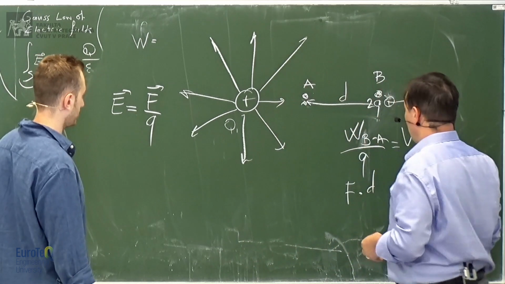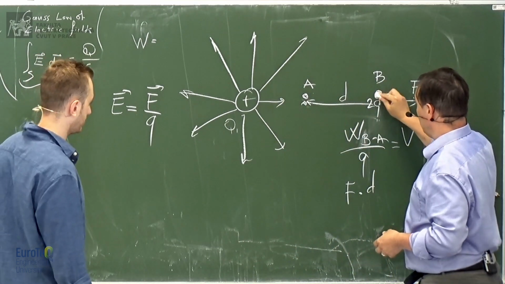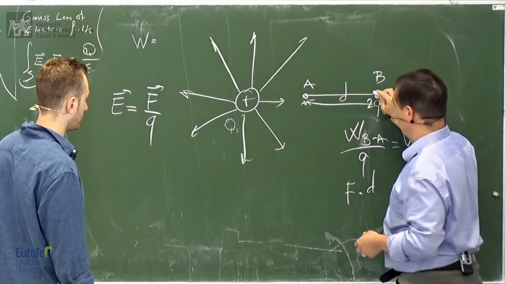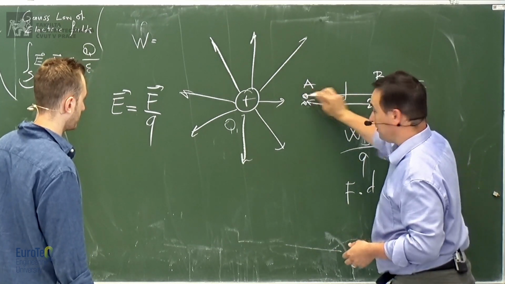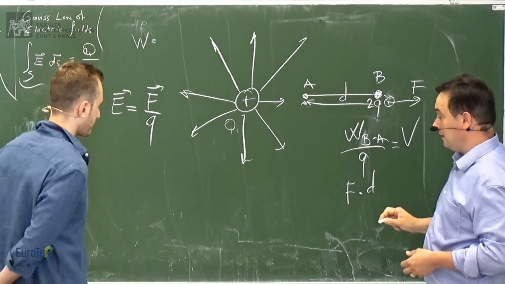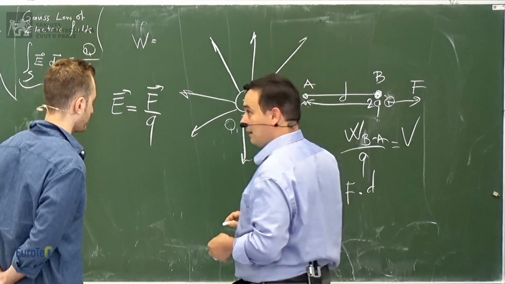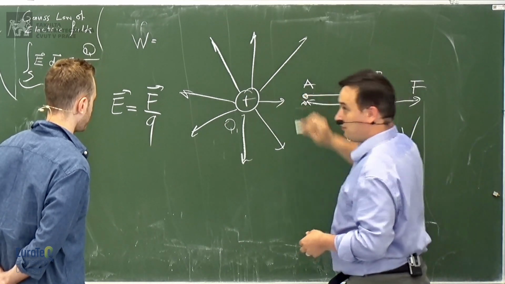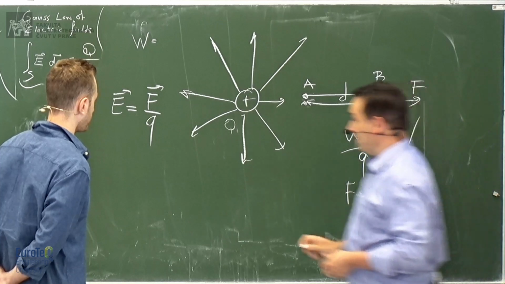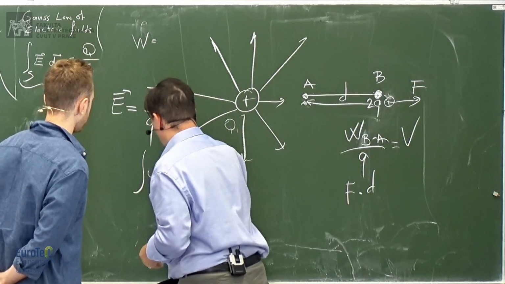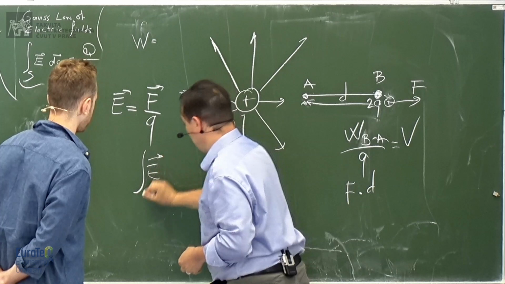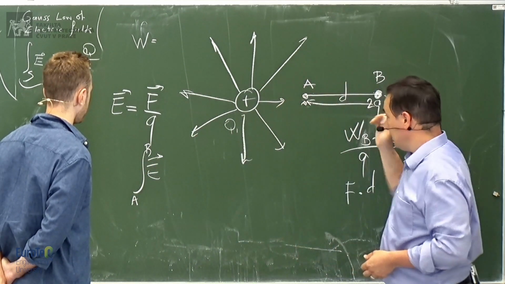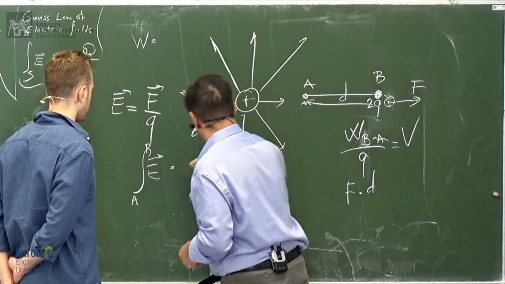What happens if you integrate the electric field on this distance? You go from this point and you arrive to this point. So you take the integral of E from point A to point B over this line.